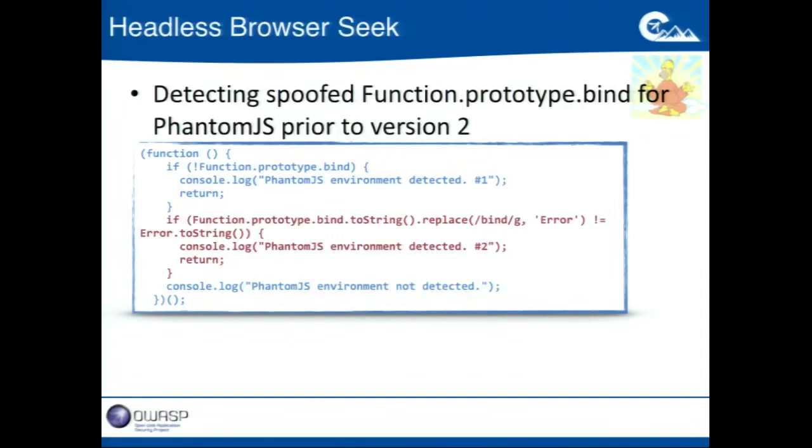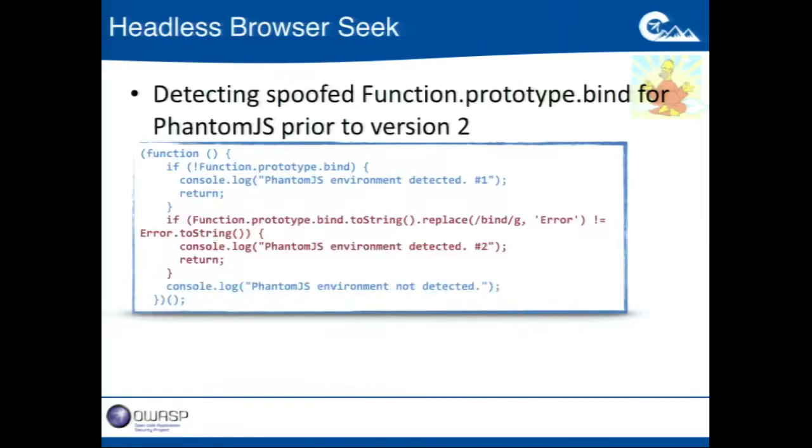But if you define the function in a native way, then the content of the function will be something like bracket native code. Yeah, native code, something like that. So by doing this, you can test whether bind is spoofed or not.